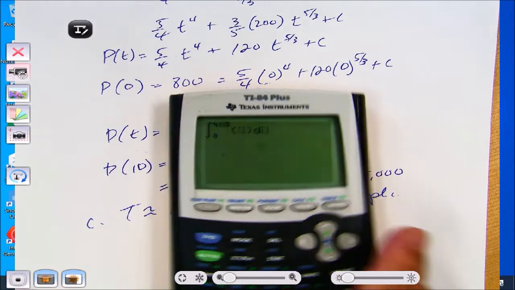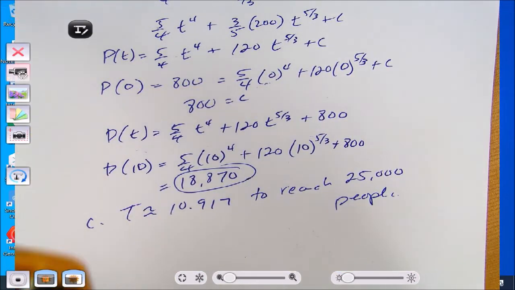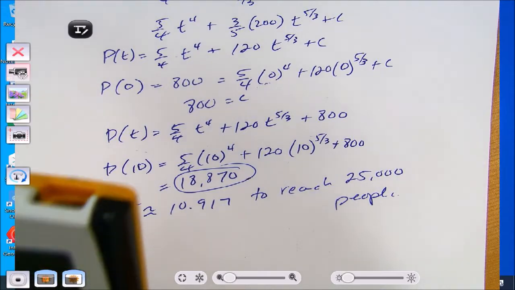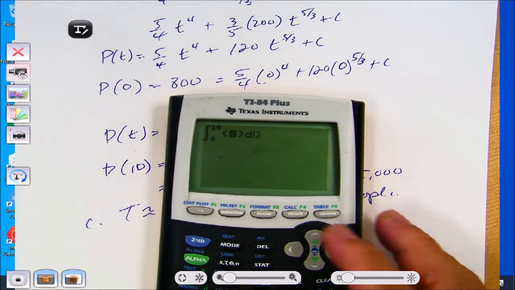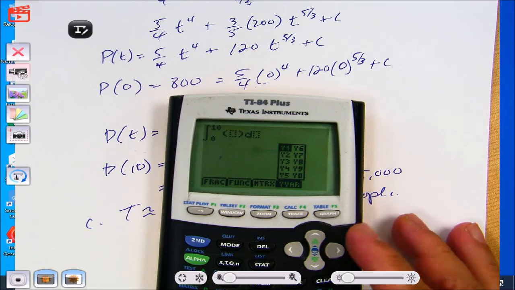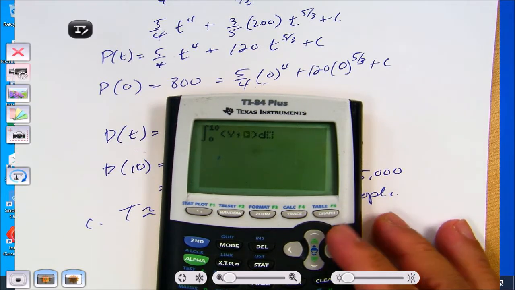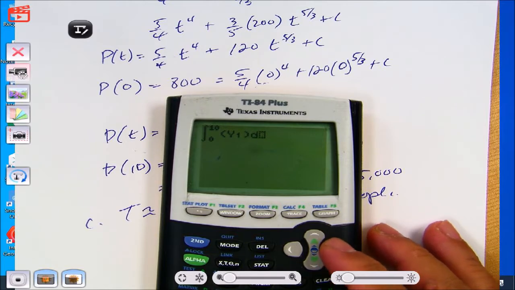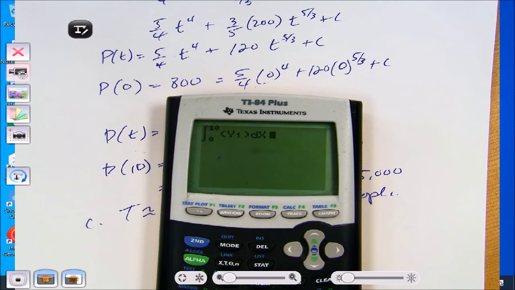I'm still putting 40. All right. And I want to put in the function. I already put the function in y1, so I'm calling back y1. Press enter. And the variable is x, so put x. Remember, I'm going to take that answer and divide by the length of the interval, so I'm dividing by 10.